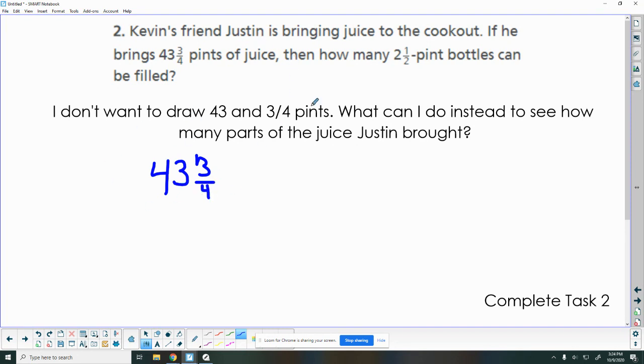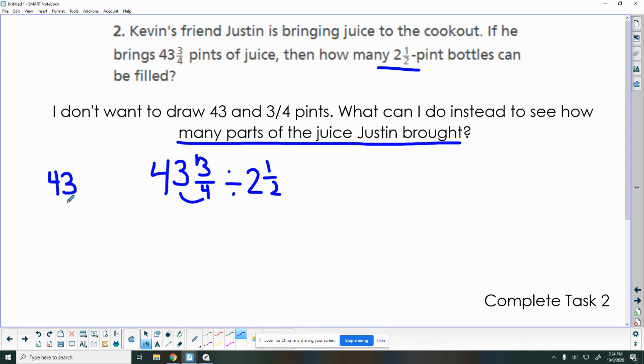That's our total, and I want to see how many groups of 2.5 we can make. So we're dividing by 2.5. We need to see how many parts Justin brought and how many parts we want in each one. So that means we need to do 43 times 4. Go ahead and figure out 43 times 4.